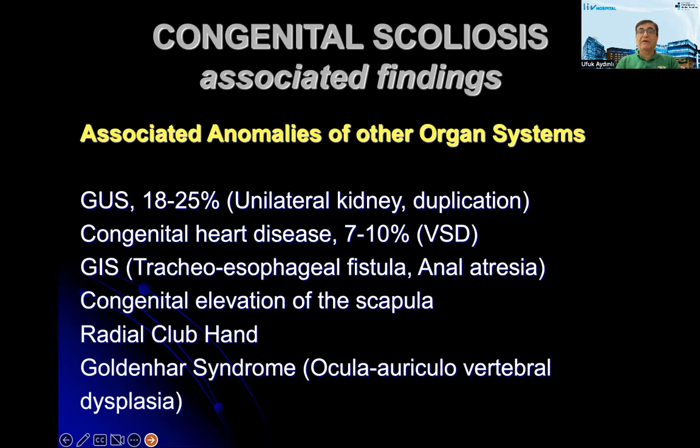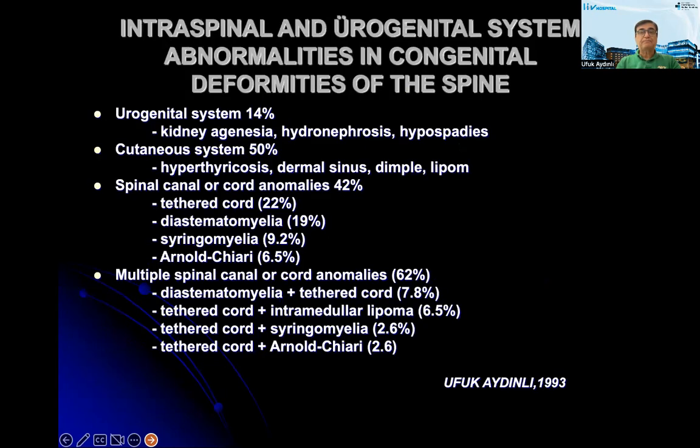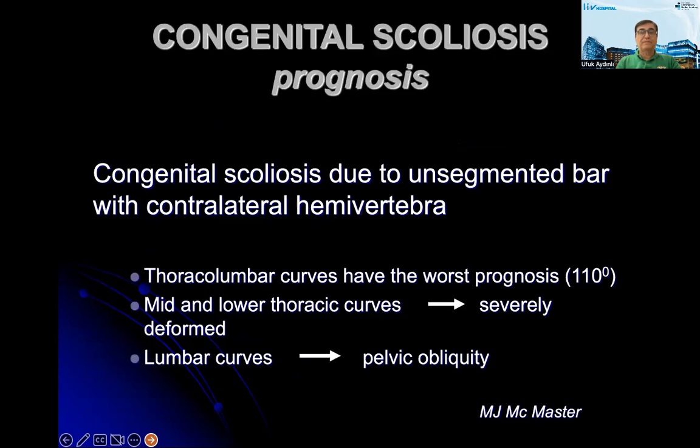So at the beginning, after the first clinical examination, we have to send them to pediatric doctors to find out if there are any of these anomalies. In this slide, you will see again our study of what percentage of associated anomalies can be seen in congenital deformities.